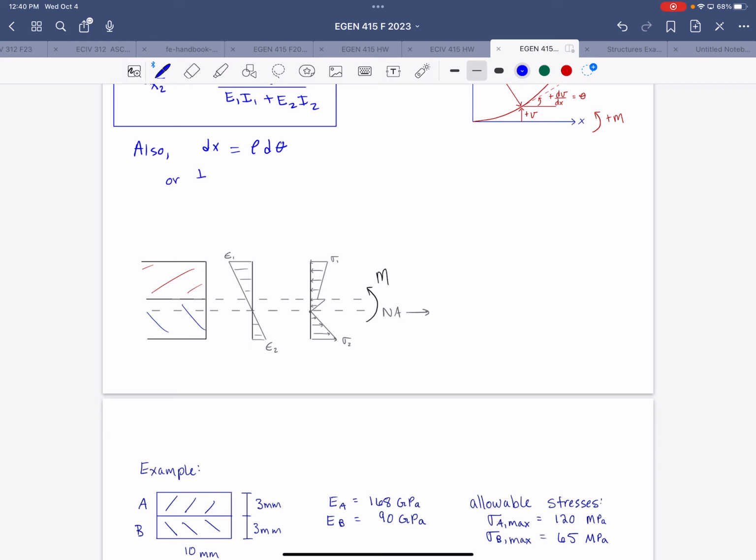Or if we write in terms of 1 over rho, we can say that's equal to d theta divided by dx, which we can relate directly to the transverse displacements or deflections. So d theta dx is the same as the second derivative of the deflection with respect to x. So this would be the equation to integrate for beam deflection.